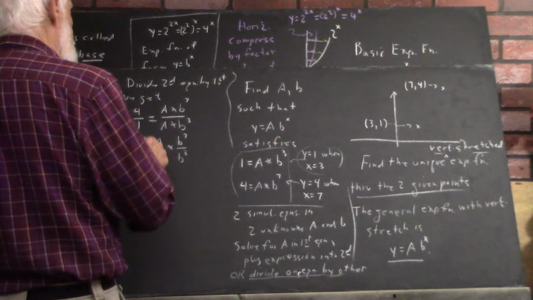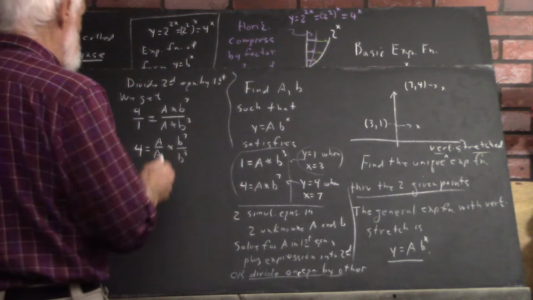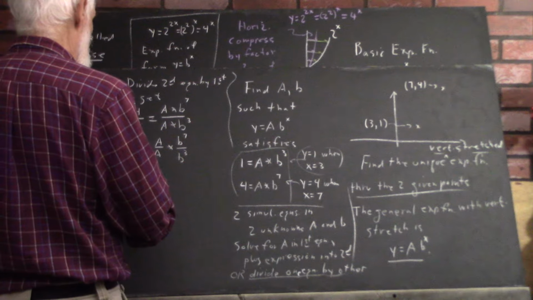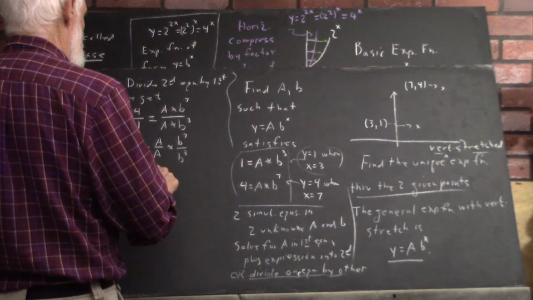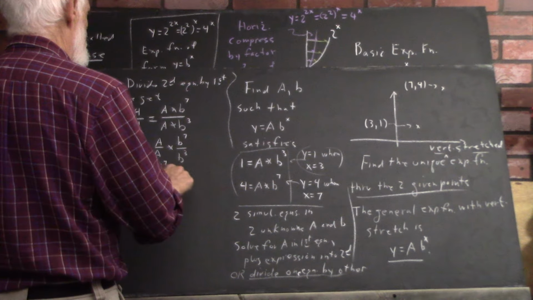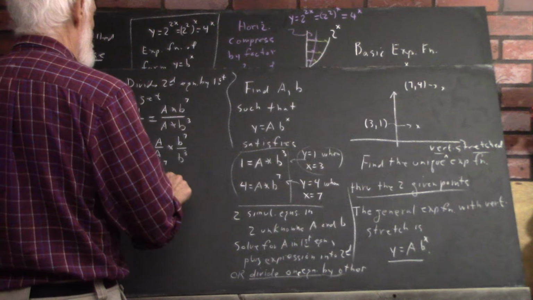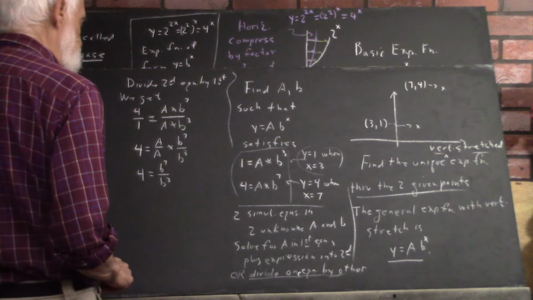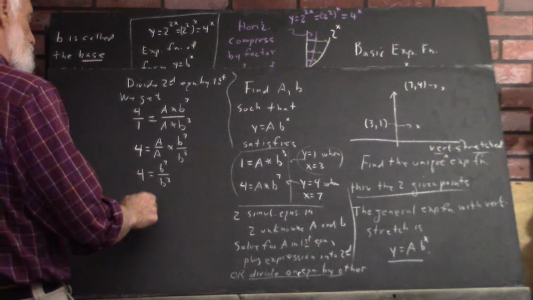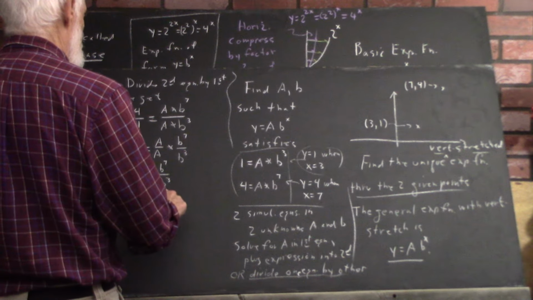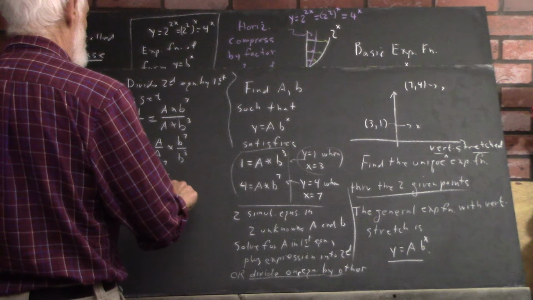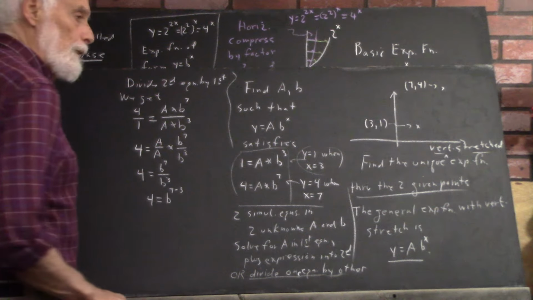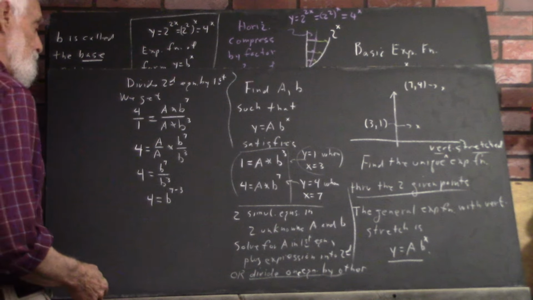Now we know that a divided by a is 1, and 1 times b to the 7th over b to the 3rd is just b to the 7th over b to the 3rd. And of course, b to the 7th over b to the 3rd is b to the 7 minus 3.